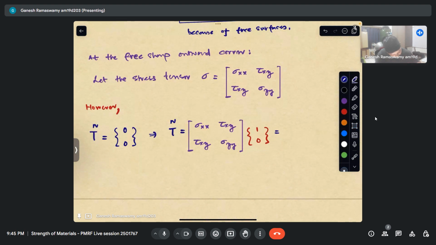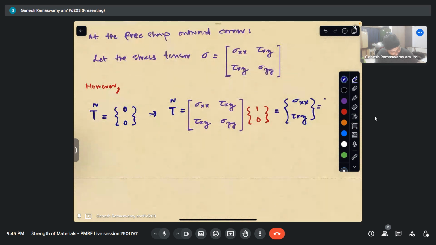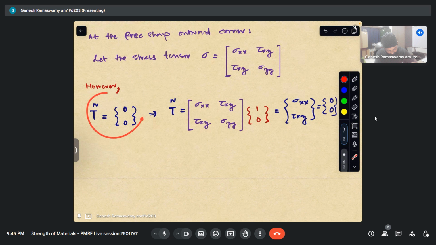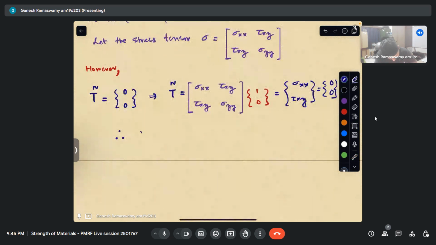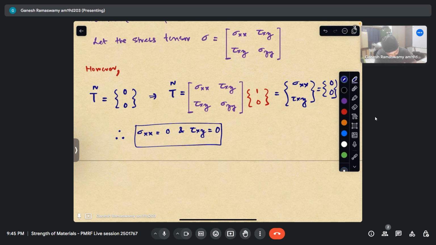So this gives us sigma xx, tau xy, and this is given to be 0 because of this. So therefore, from this it follows that sigma xx is 0 and tau xy is 0.